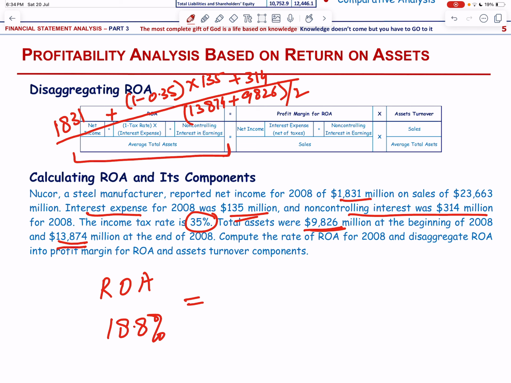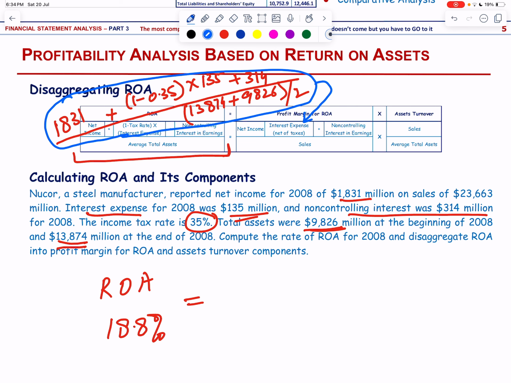Now this is equal to the same value, the whole value, put back again: net income plus interest expense net of taxes, plus non-controlling interest, divided by sales, and the sales for the company was 23,663.